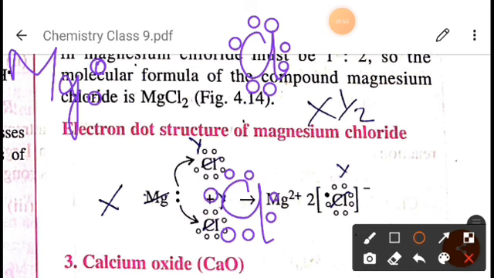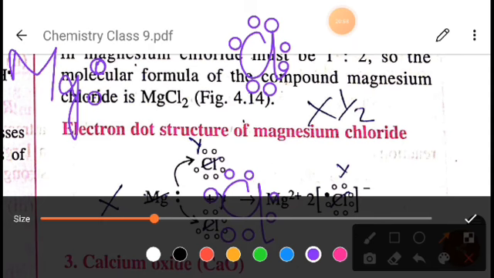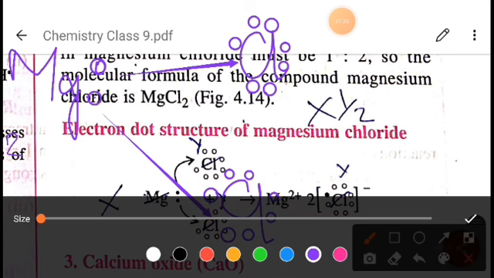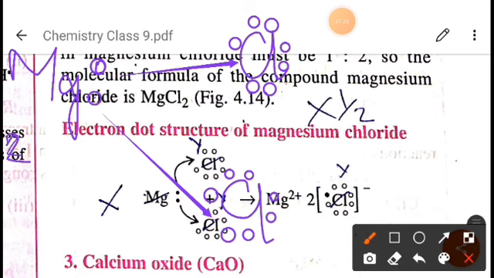Now this magnesium will give one electron to one chlorine and one electron to the other. Previously magnesium had an electronic configuration of 2, 8, 2. Since it has given one electron to each chlorine, it has converted into 2, 8.